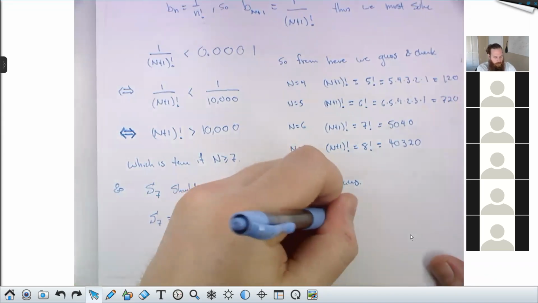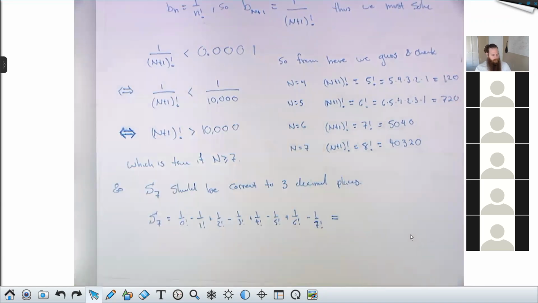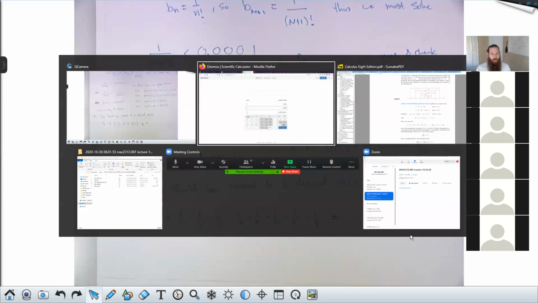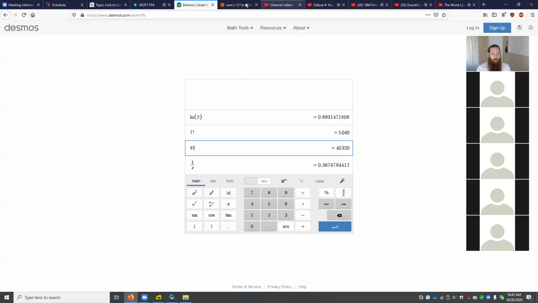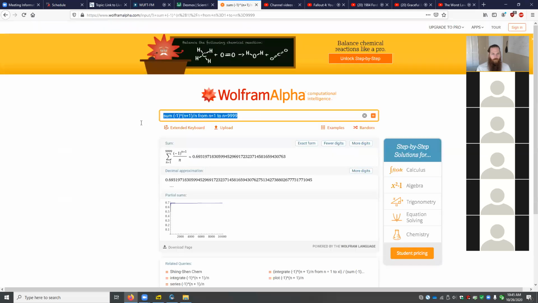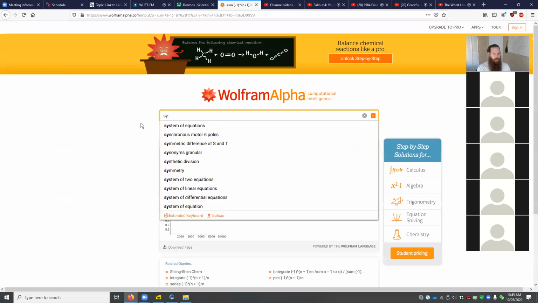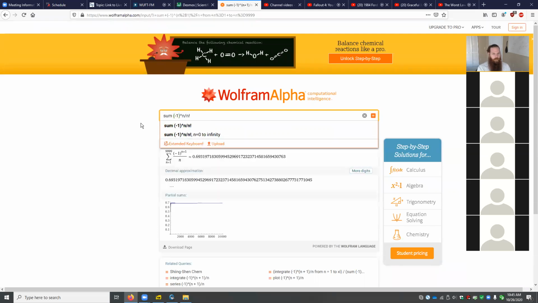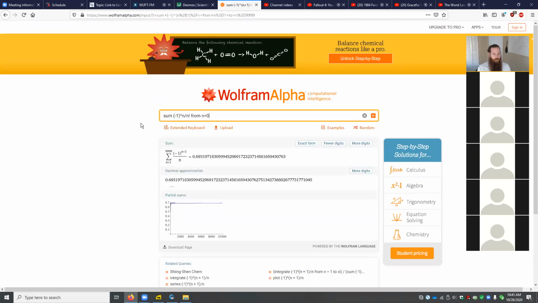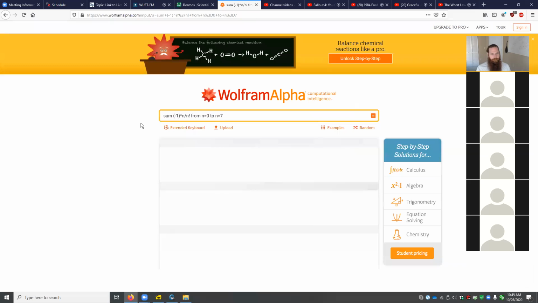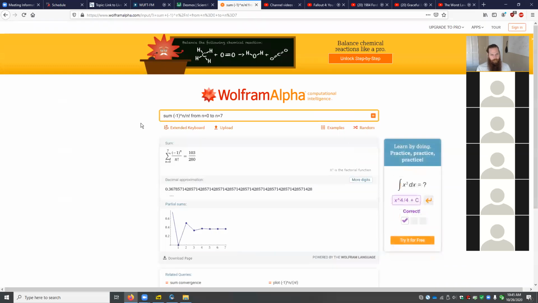I'm not going to do this computation by hand, but we can borrow our friend Wolfram Alpha to sum negative 1 to the n over n factorial from n equals 0 to n equals 7. So here it is.